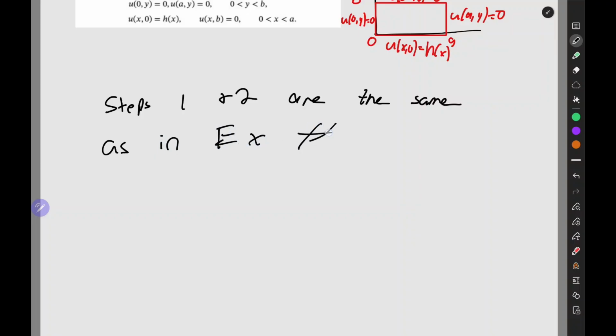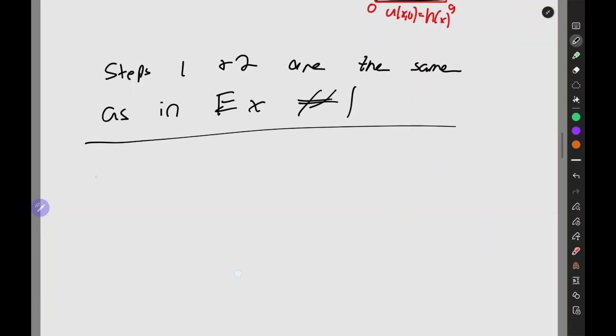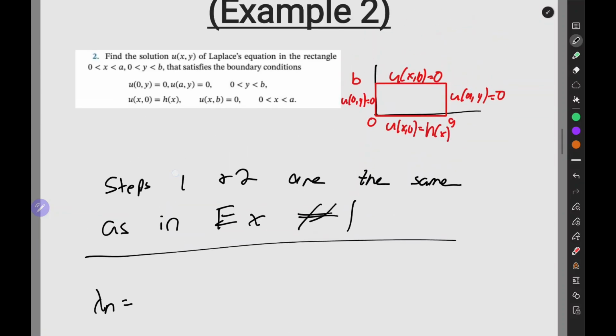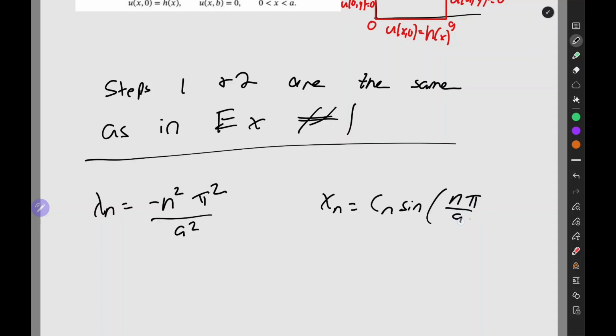Example number 1 left us with an eigenvalue of this and an eigenfunction of this. Remember, this is for n equals 1, 2, 3, and so on.